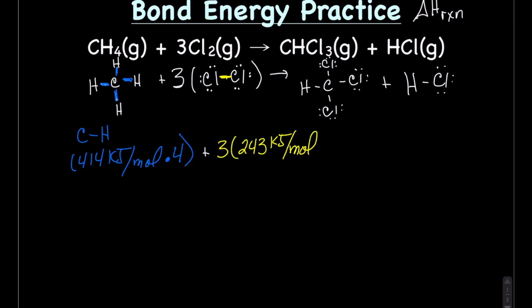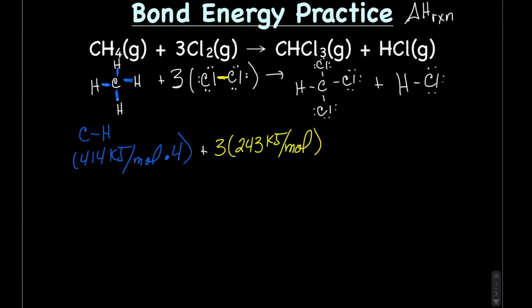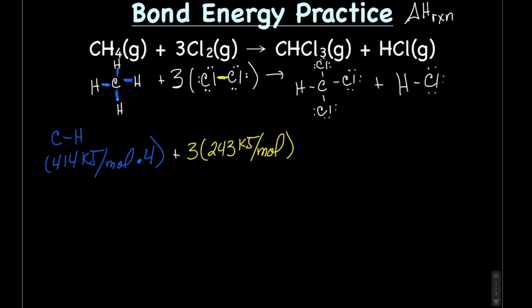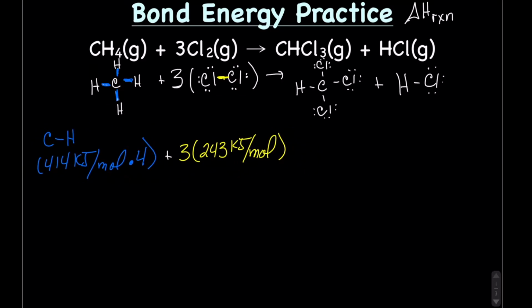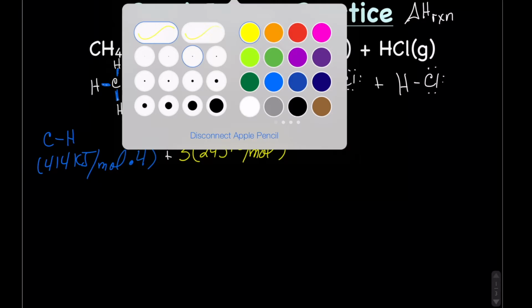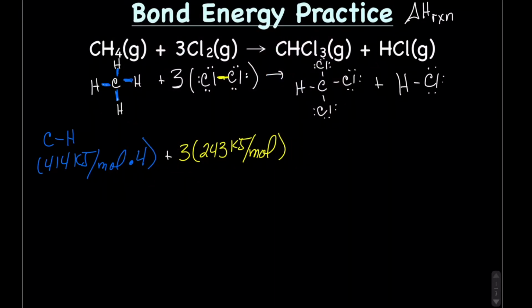So on the reactant side, the amount of energy it takes to break all of those bonds, we would sum those 2 up. Okay, on to the product side. Sorry, let me move this over a little bit, give me a little more room.